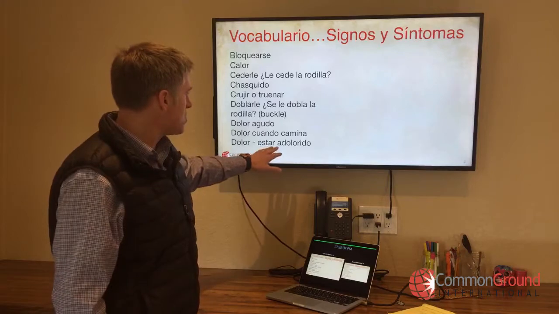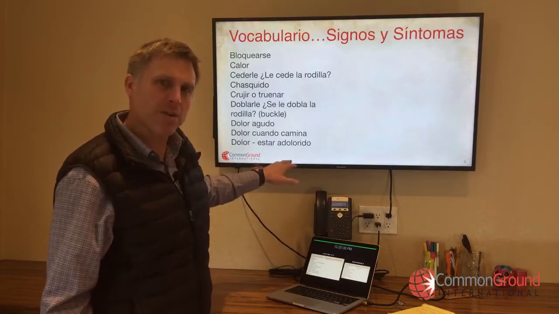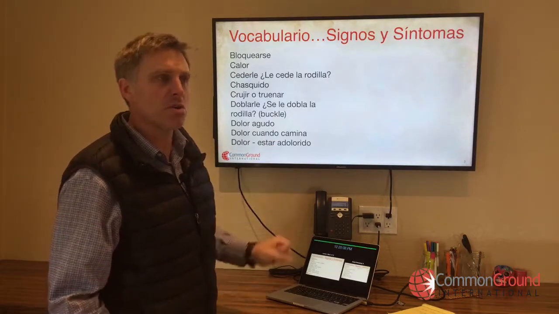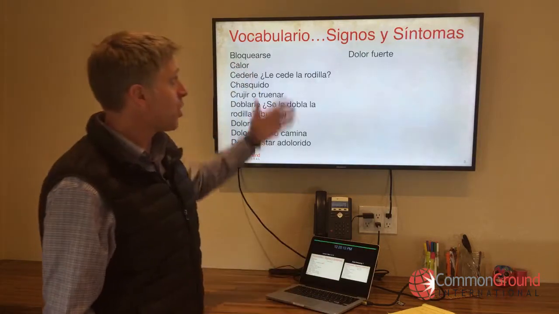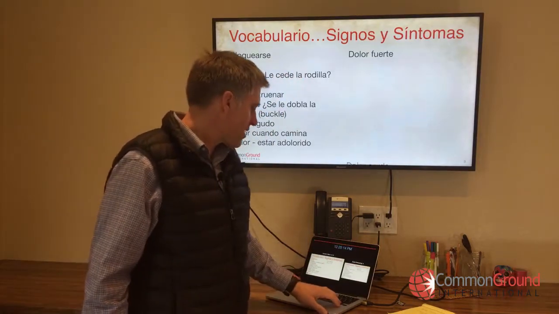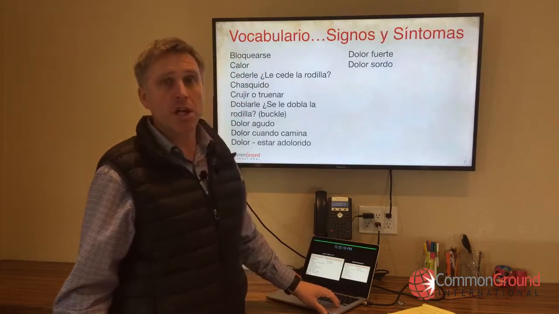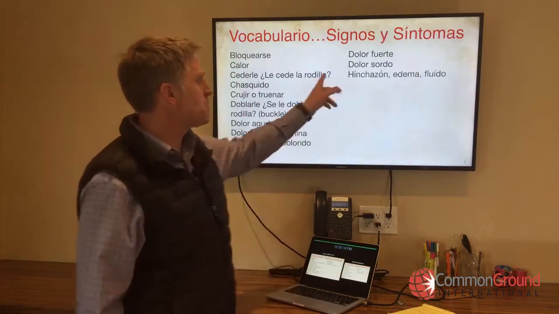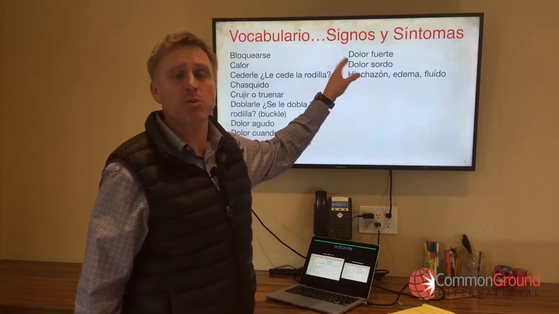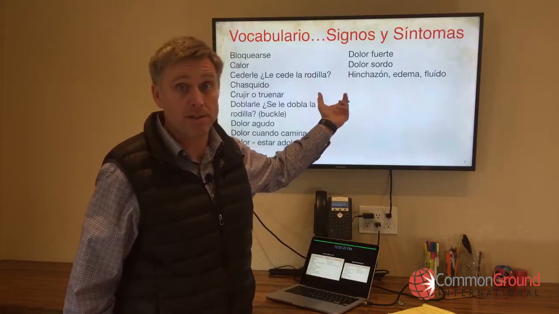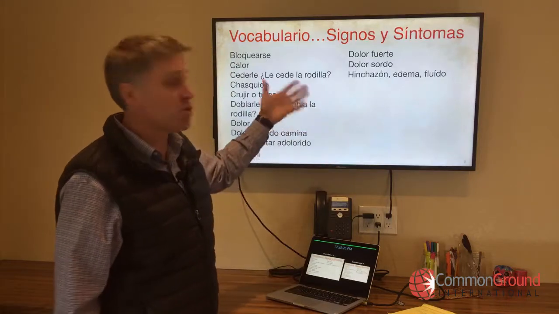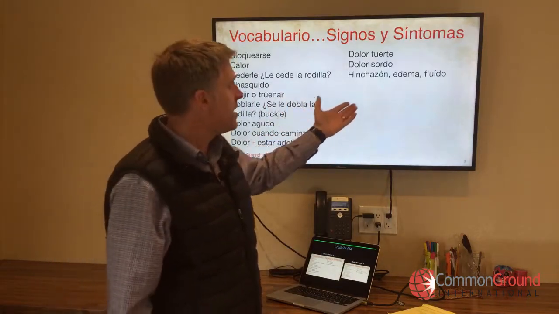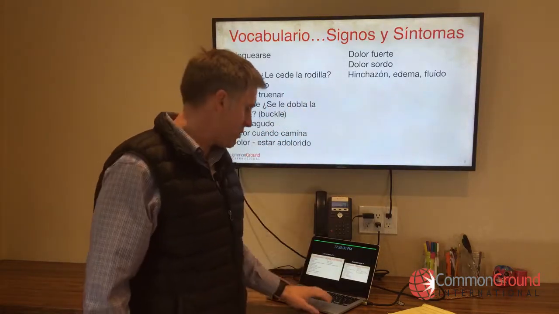And so you would use la rodilla duele mucho o está adolorido, etc. Dolor fuerte, a strong pain. Dolor sordo, dull pain. Some people use dolor fuerte for a sharp pain as well. So keep that in mind. Hinchazón, swelling, edema, right? Or fluido, ¿verdad? Fluid.